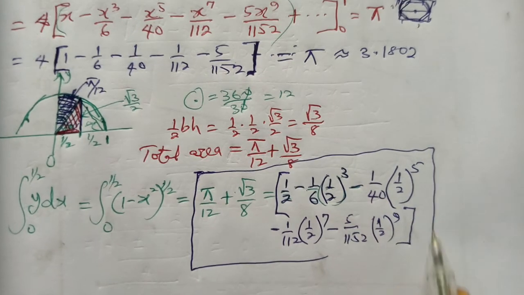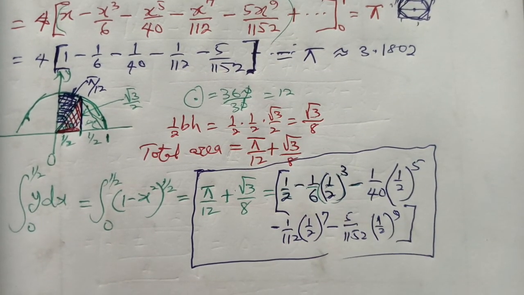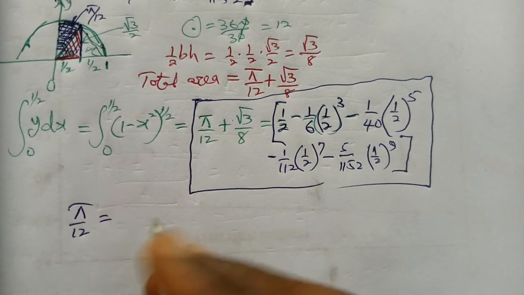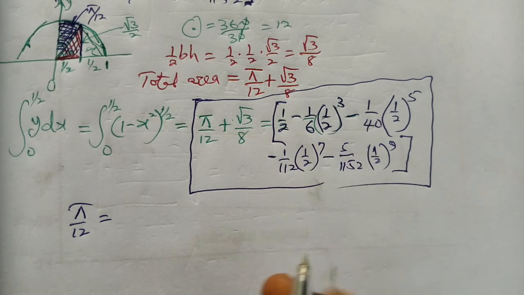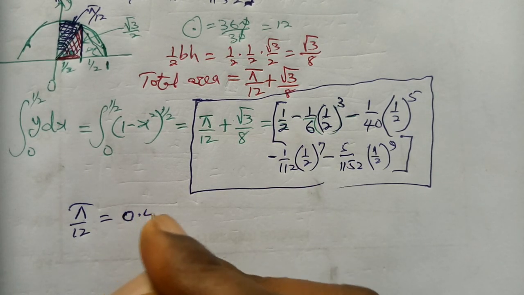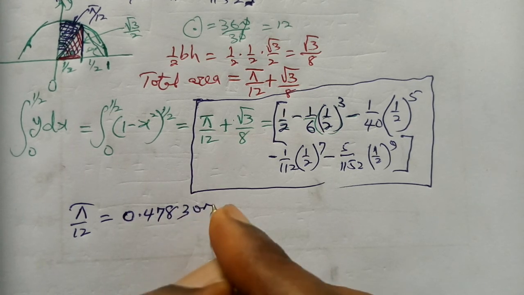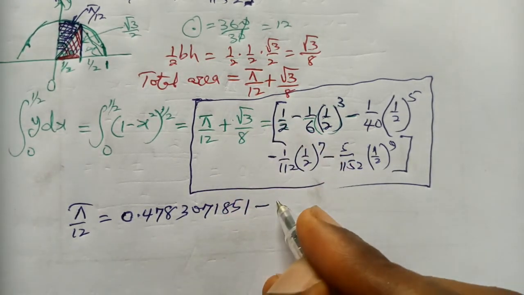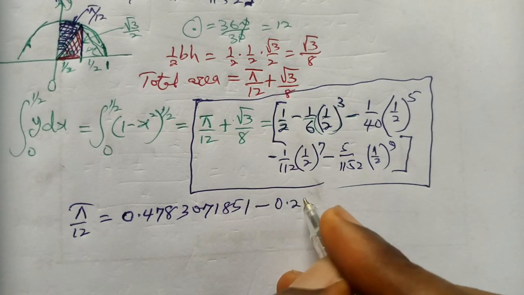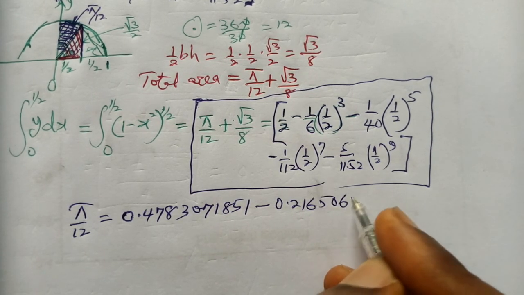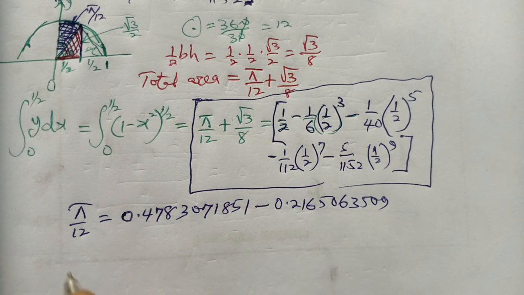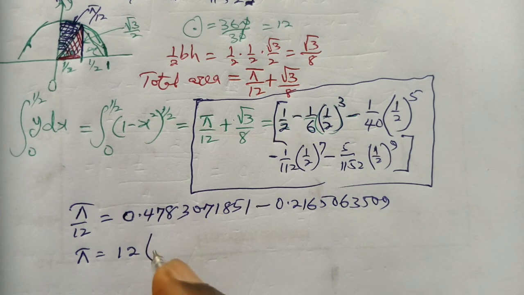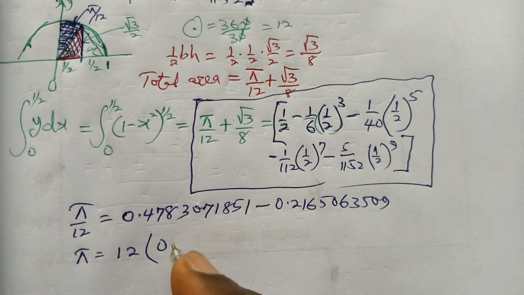We will now have that pi over 12 is equal to, if we evaluate all this thing in bracket, 0.4783071 minus root 3 over 8, which is 0.2165063509.